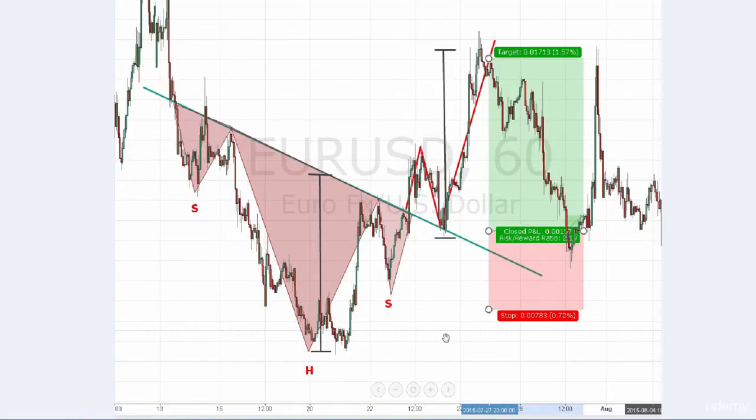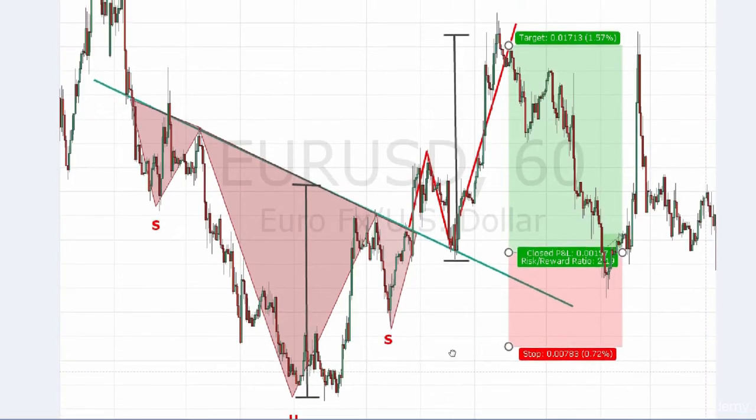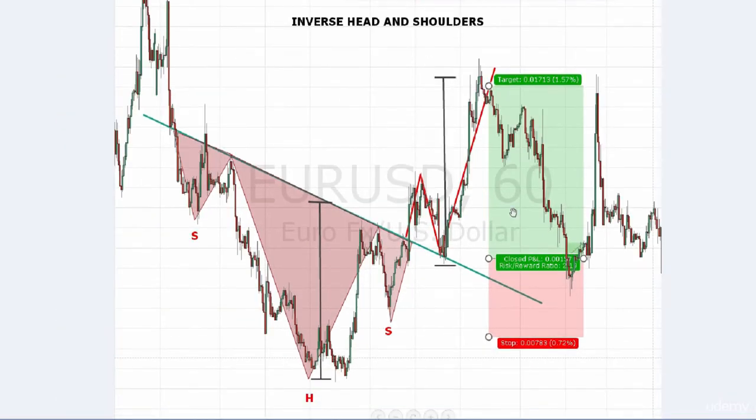This pattern is shown on the pair Euro-US dollar on the 60-minute time frame. We see two shoulders that are roughly the same size, and the right shoulder is a little lower than the left according to the rule. We see that the left shoulder is not really ideal because a few candles broke the neckline, but it doesn't matter because you will rarely find the ideal situation on the market.